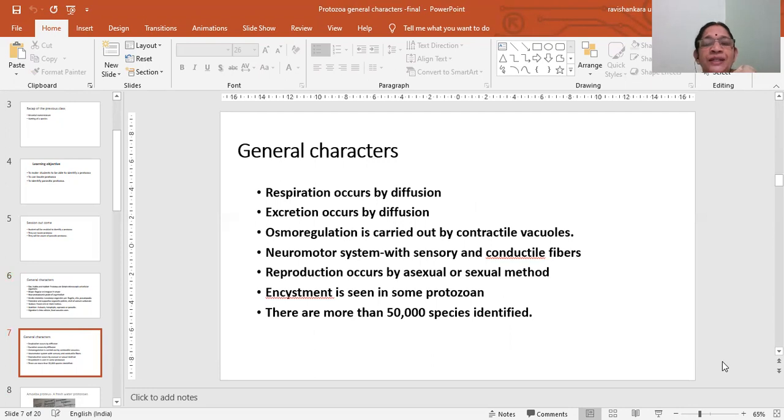And continuing with general characteristics, we know every living organism respires. Respiration is a property of all living cells. These also respire. And how do they respire? Respiration occurs through the general cell surface or cell surface membrane, through the diffusion of gases in and out of the cell through the membrane.